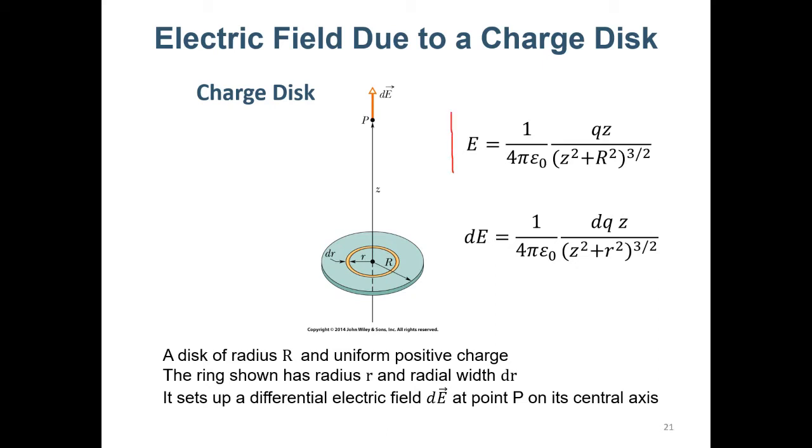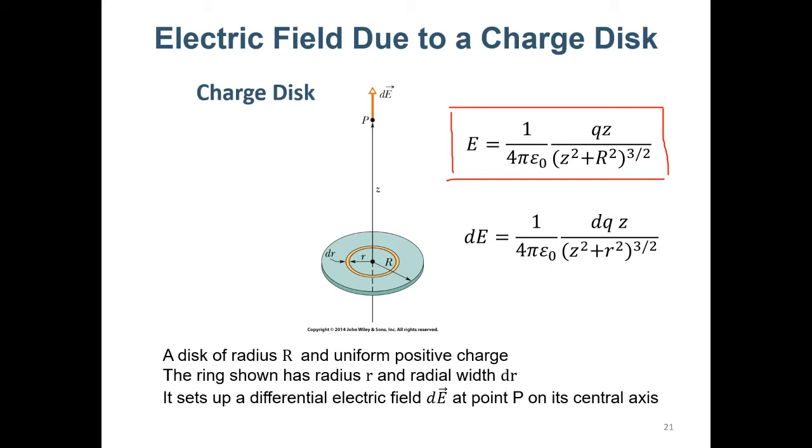For the last case, we have this result. The first term is the constant k, and then the charge on the ring, and z is the distance from the center to the point you are concerned with.